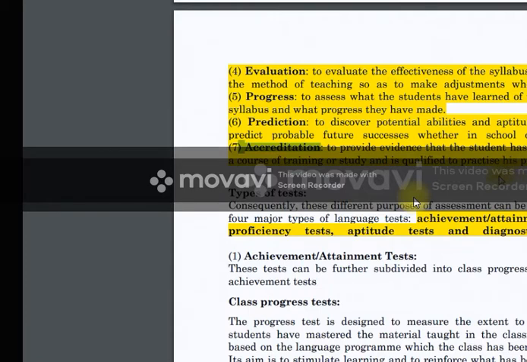So the main purpose of assessment is to provide a credit to the students, a certificate to the students, that they already completed a specific course successfully and they are now qualified.